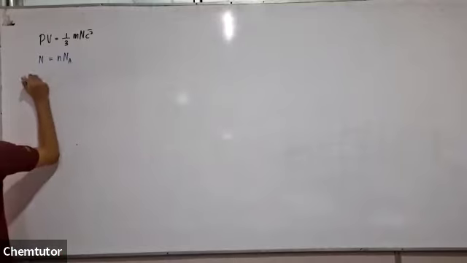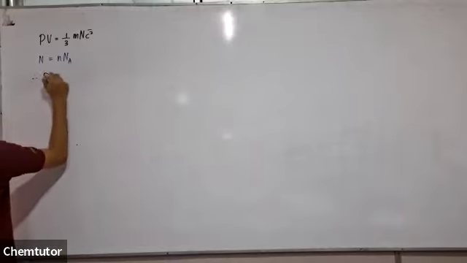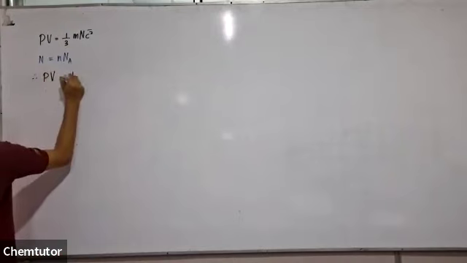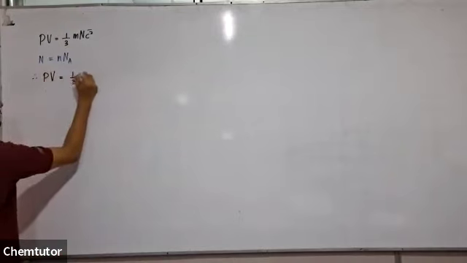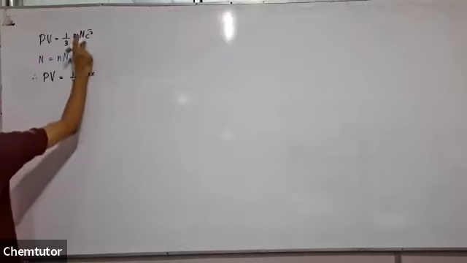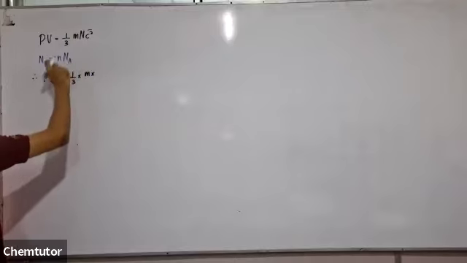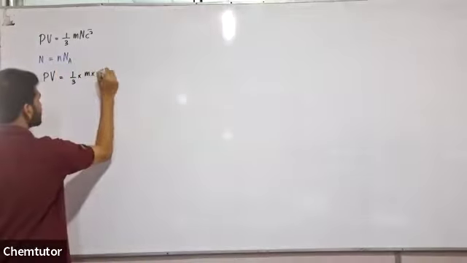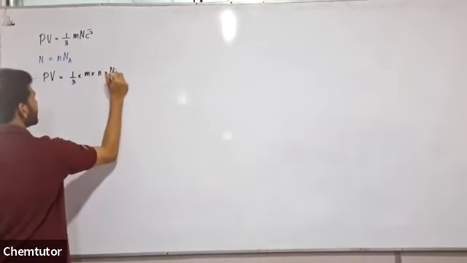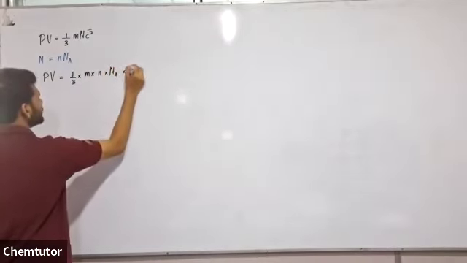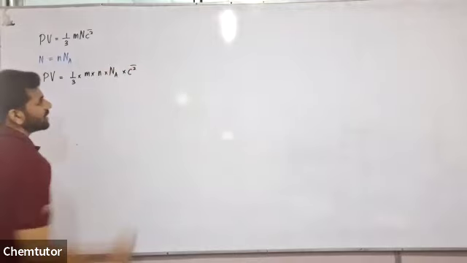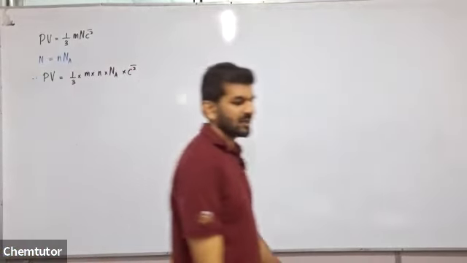So therefore we can say PV equals 1/3 times m times n N_A times c square bar. Is it clear?